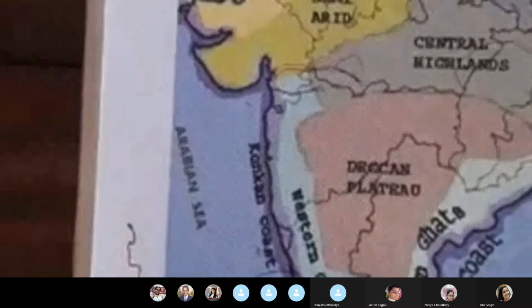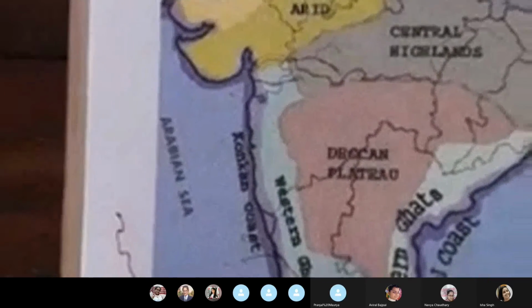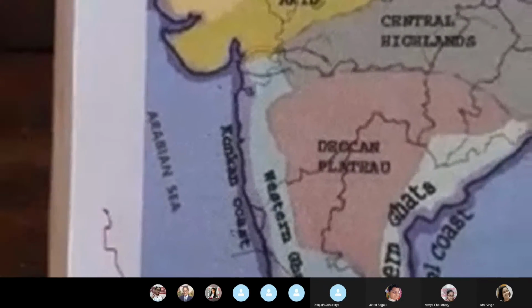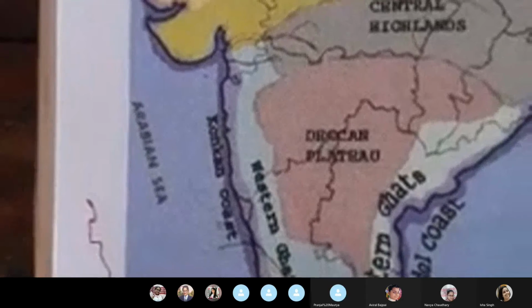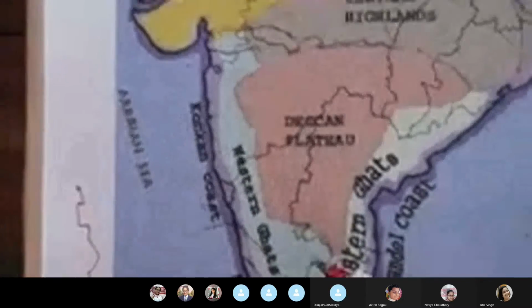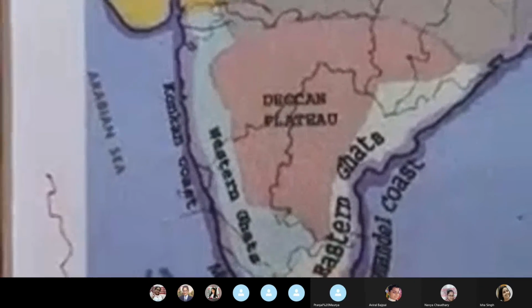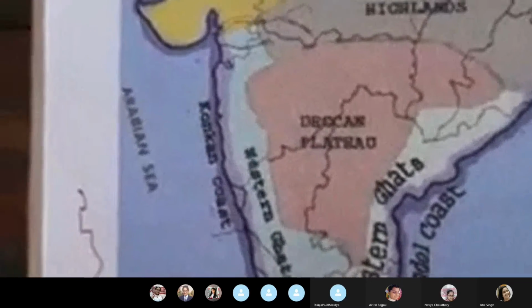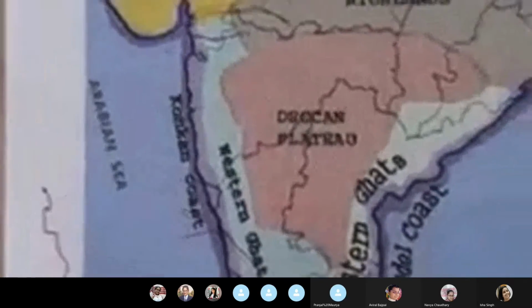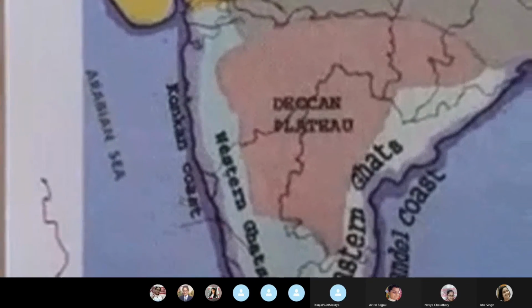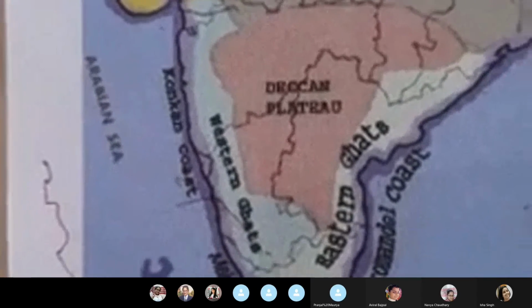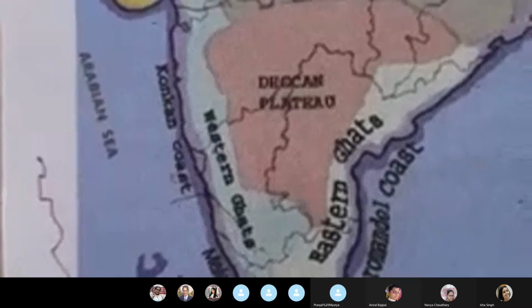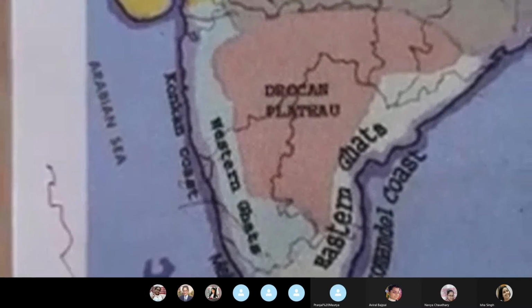You can see here. Now these are of coral origin, located off the coast of Kerala. Here is Kerala, and next to it are the Lakshadweep Islands, and they are basically the coral islands. That means a lot of shells and seashells are found here.